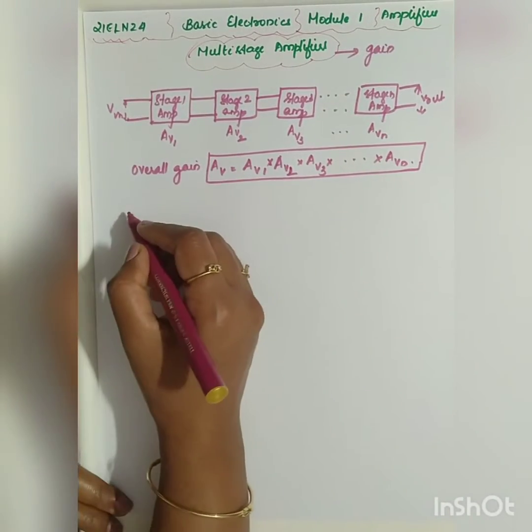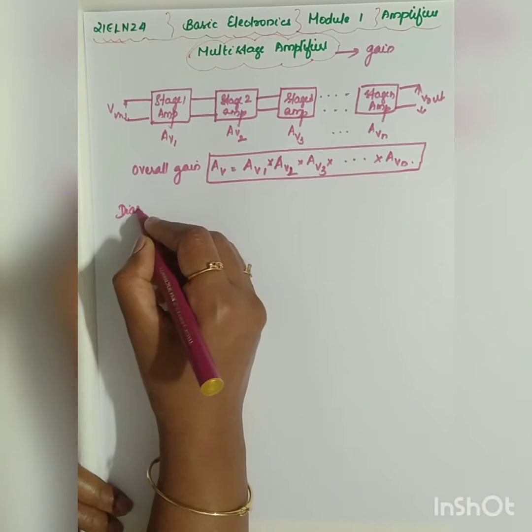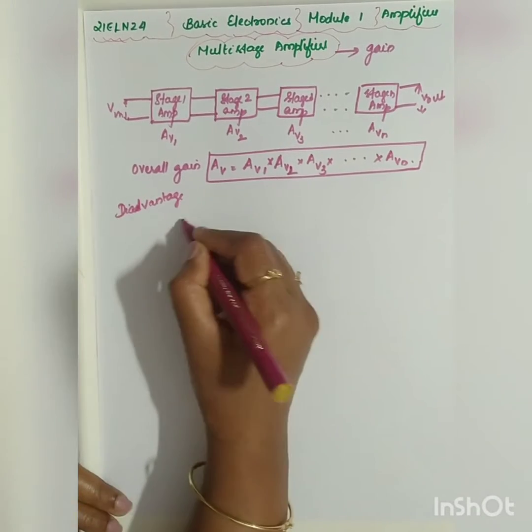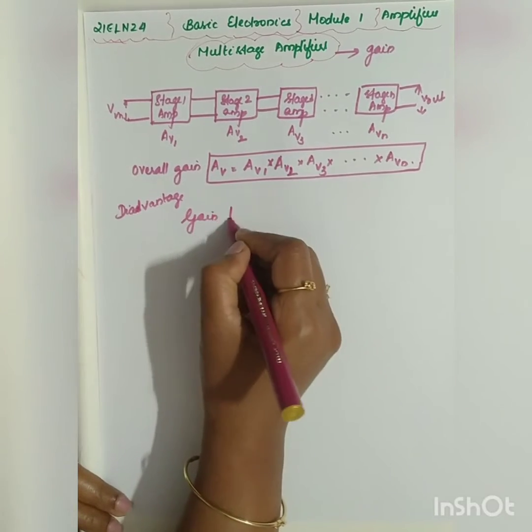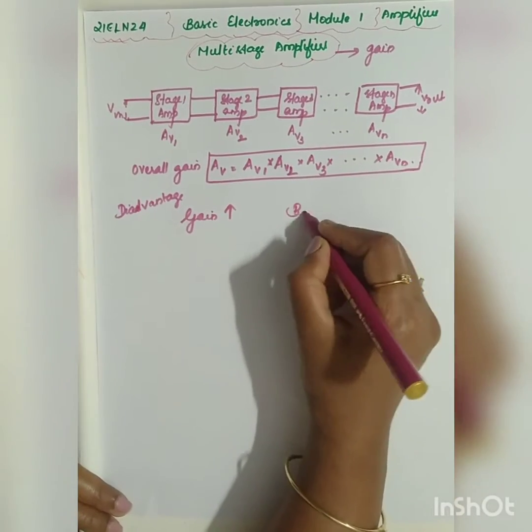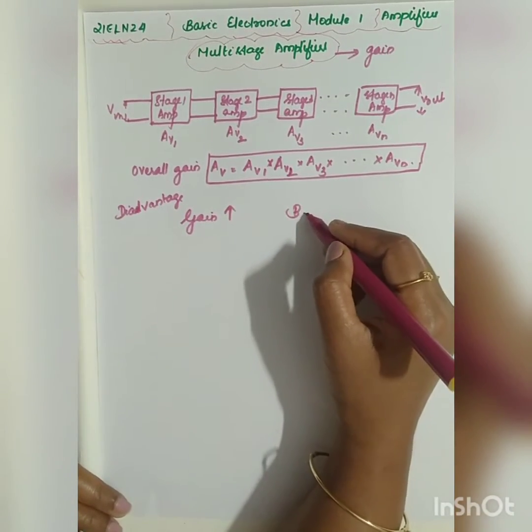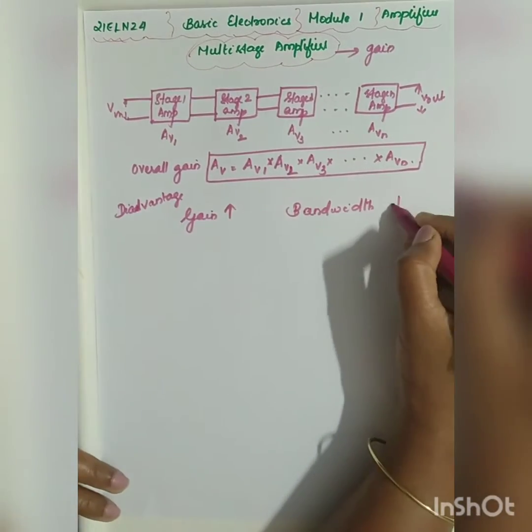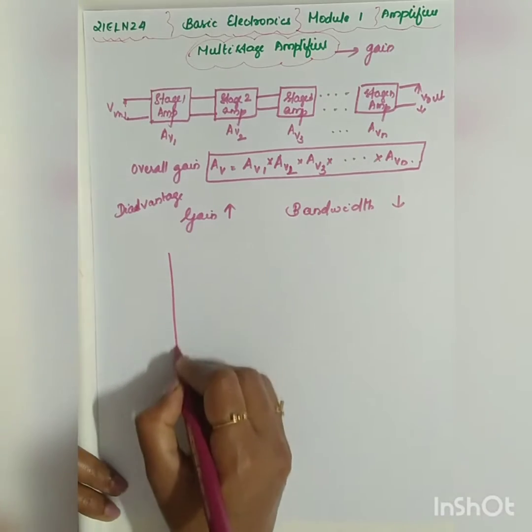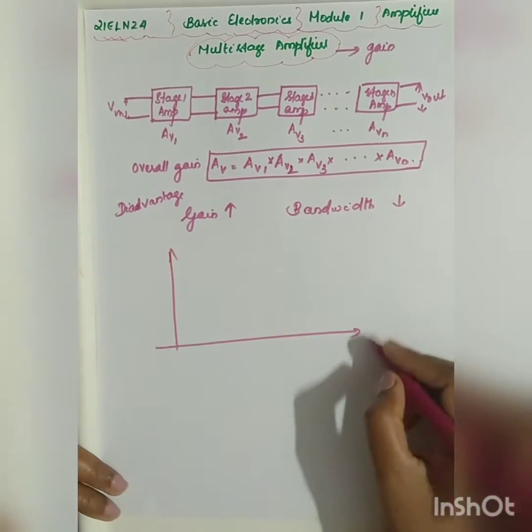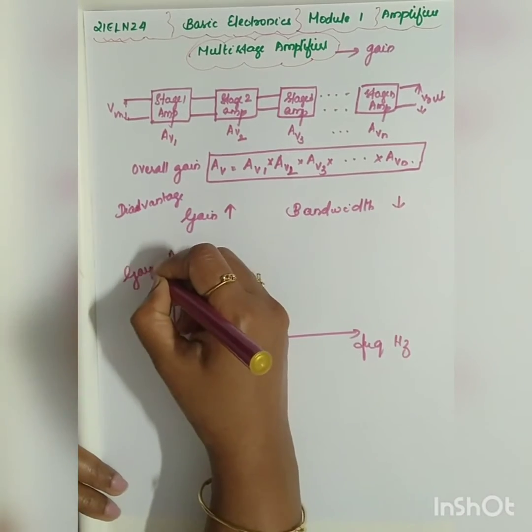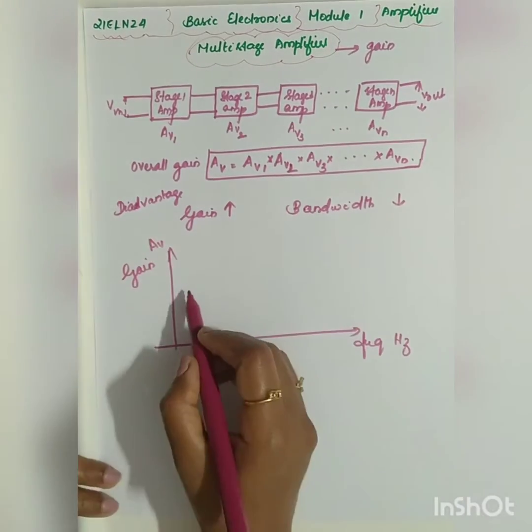Now, there is one disadvantage. I have told that the gain increases, but at the same time when the gain increases, the bandwidth decreases. For example, let us take the frequency response, with frequency in hertz and the voltage gain.